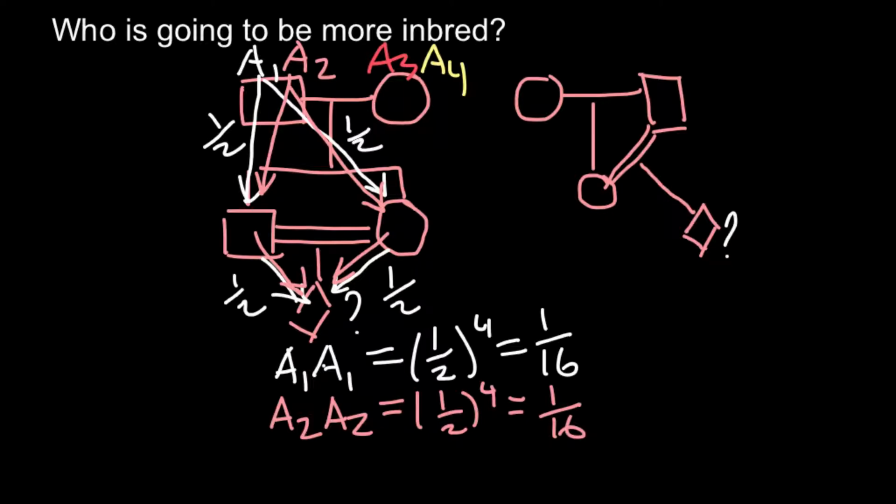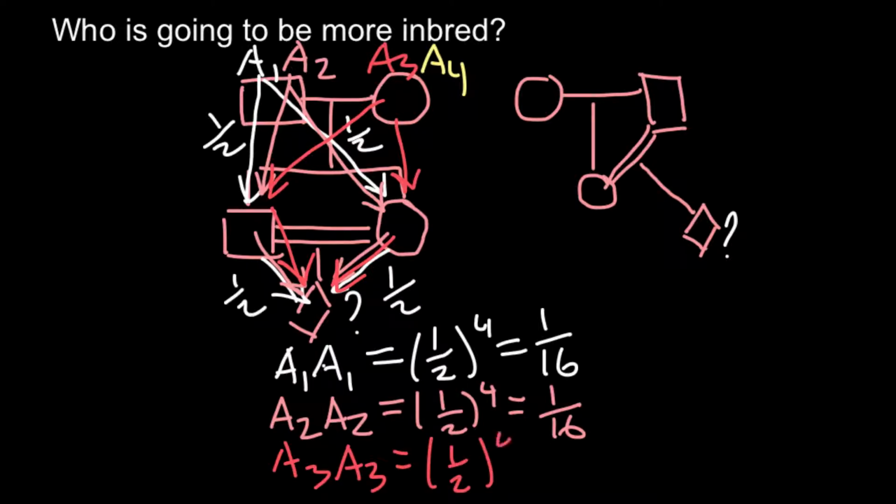And also this individual can be homozygous by descent for allele A3, and once again 1/2 here, 1/2 here, 1/2 here, and 1/2 here. So the probability of such an event also would be 1/2 to the power of 4, which is going to be 1/16.